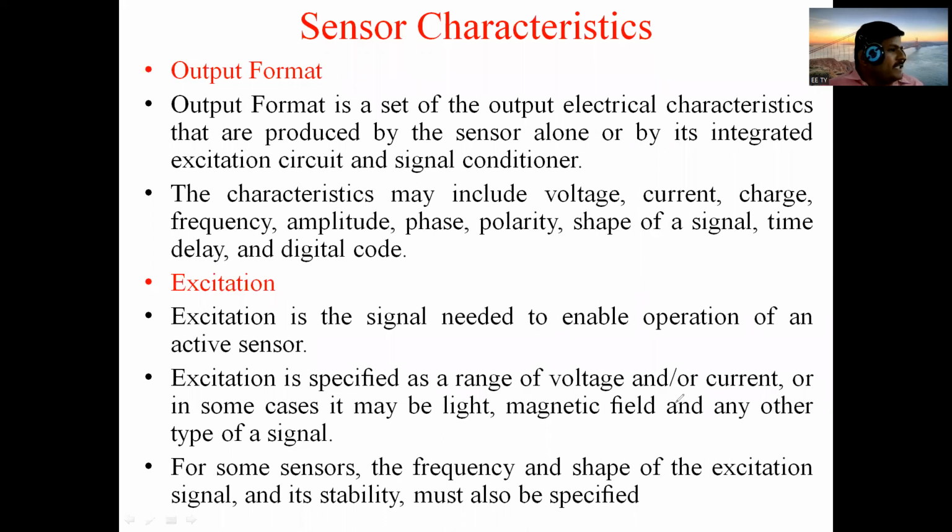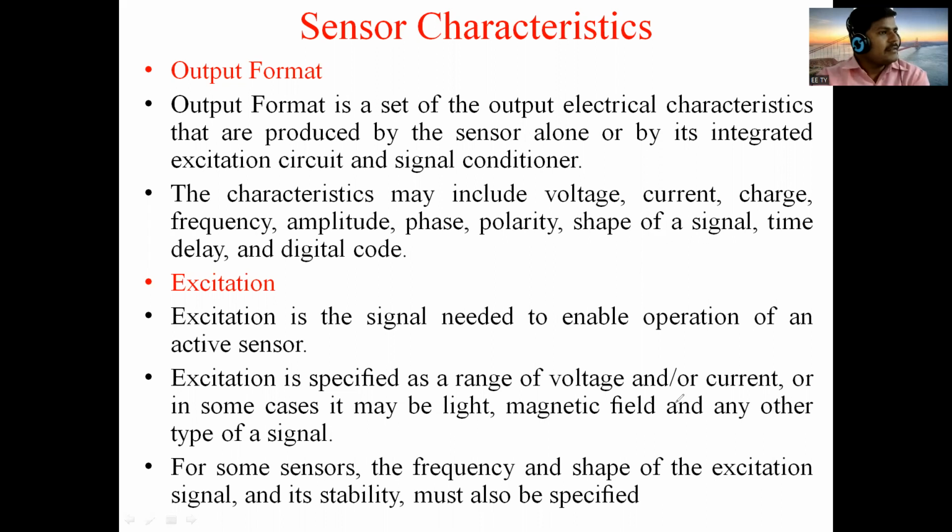So excitation, why is it needed? Already told, no, in the case of an active sensor. See, excitation is one type of external signal which is needed to enable the operation of an active sensor, right?